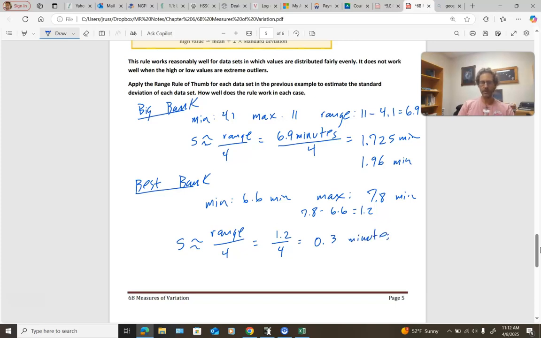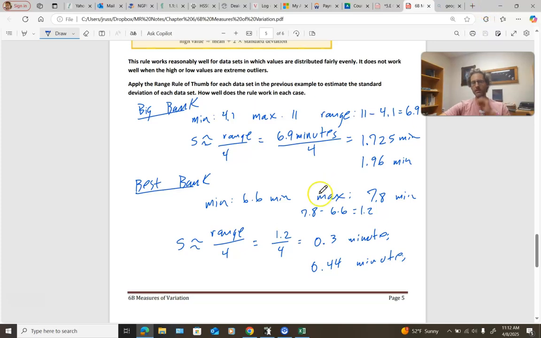Now compare this to the actual value that we obtained, which was 0.44 minutes. So you can see that this range rule of thumb, or this estimate for the standard deviation, is not too bad. It's not off all that much.